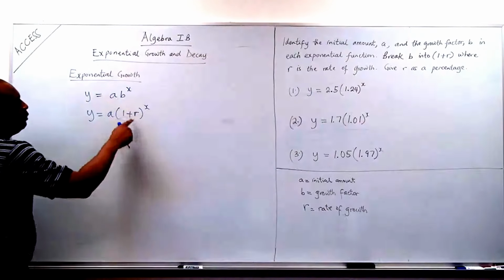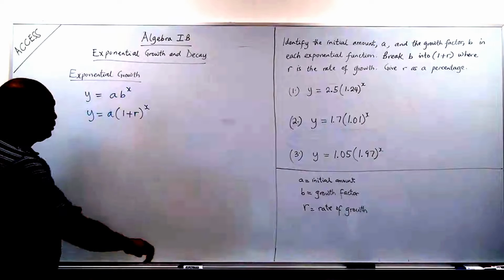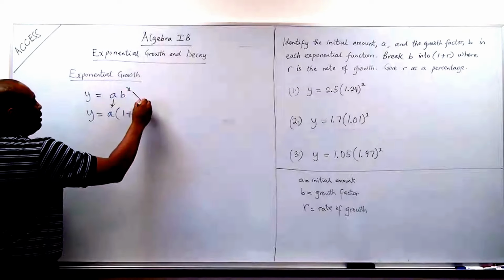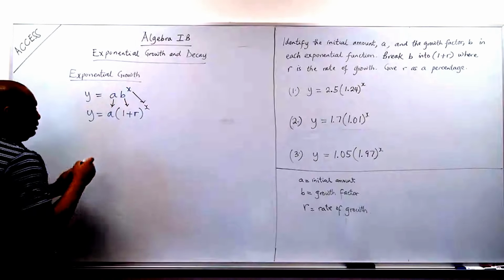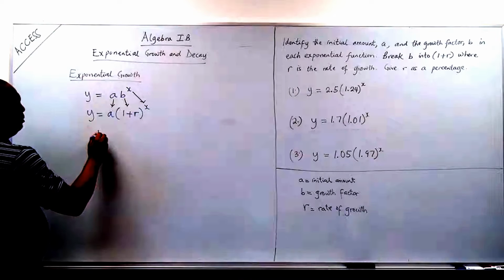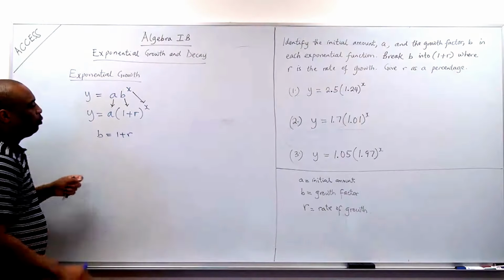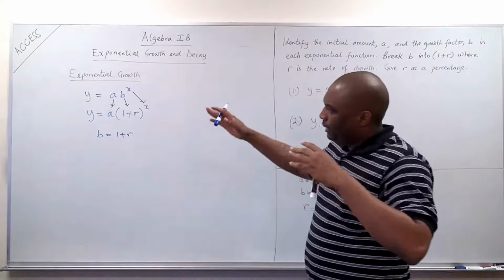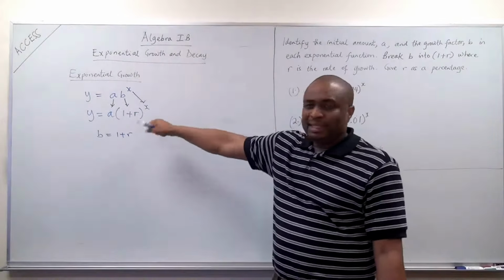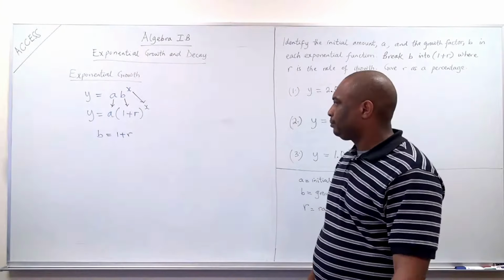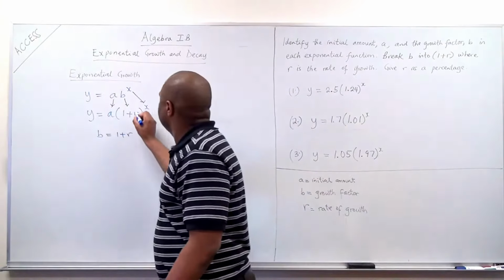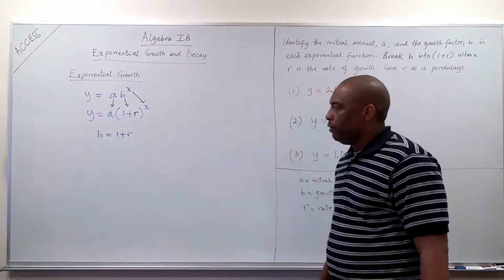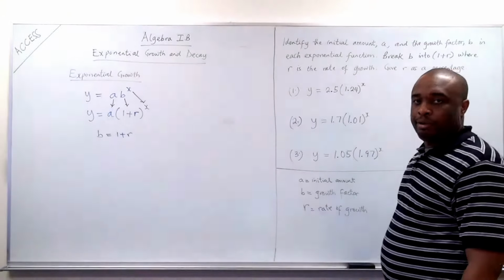So if you compare this and this, this is our a, this is our x. So you know that our b is now 1 plus r, where r is known as the rate of growth. When you compare it, you see that you can break b into 1 plus r, where r is the rate of growth.